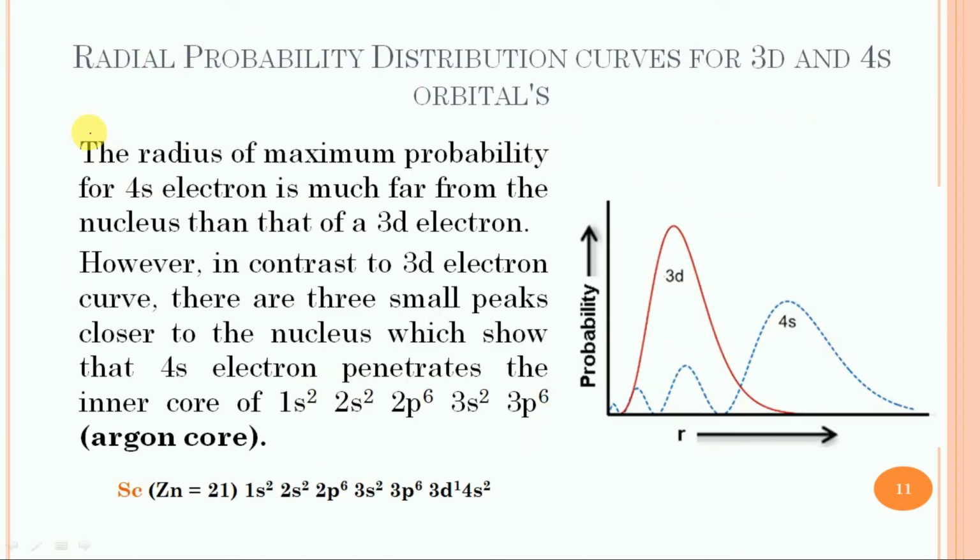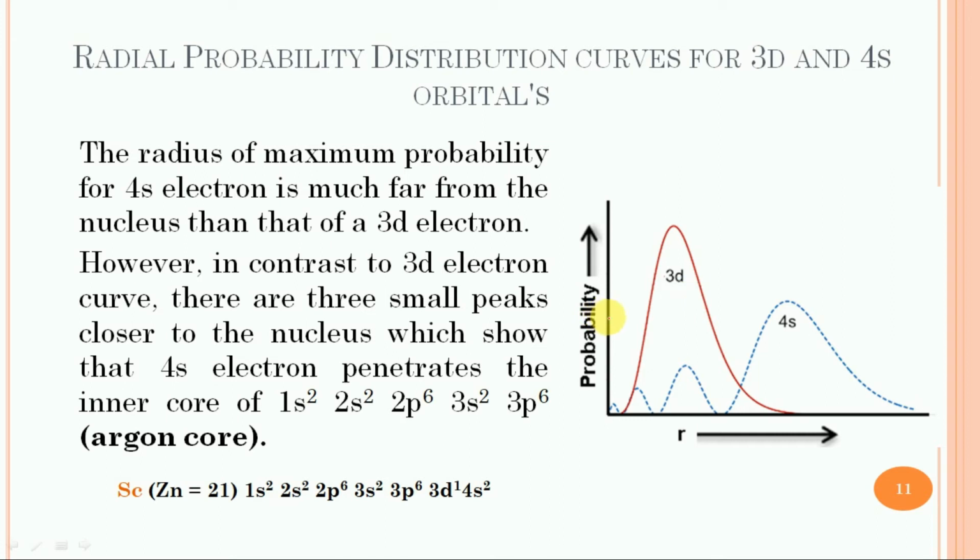To understand it further, let us consider the radial probability distribution curves for the 3d and 4s orbitals. It is very clear from this figure. The radius of maximum probability for the 4s electron is much farther from the nucleus than that of the 3d electron.